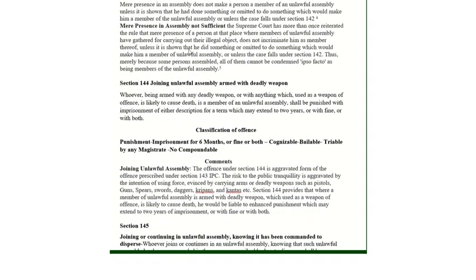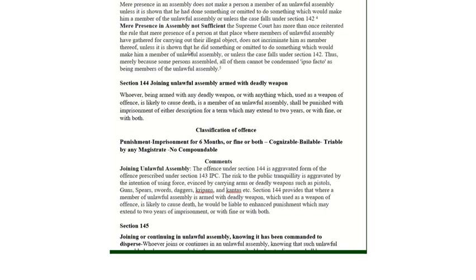Now comes section 144, that is, joining an unlawful assembly armed with a deadly weapon. Whoever, being armed with any deadly weapon or with anything which, used as a weapon of offense, is likely to cause death, is a member of an unlawful assembly shall be punished with imprisonment of either description for a term which may extend to 2 years, or with fine, or with both.